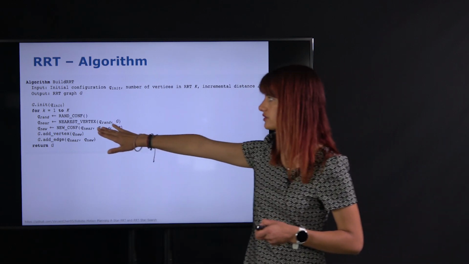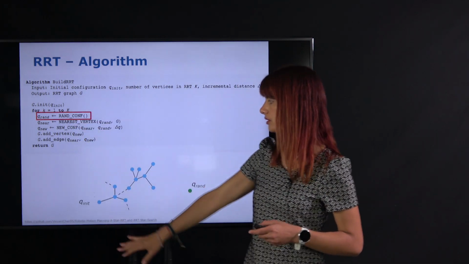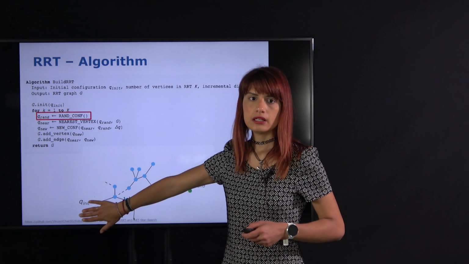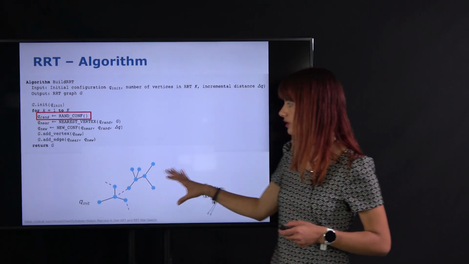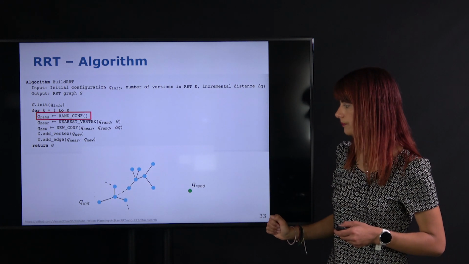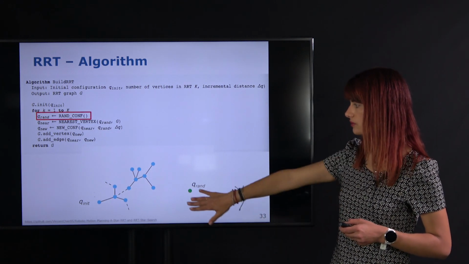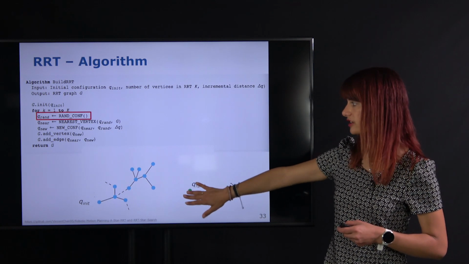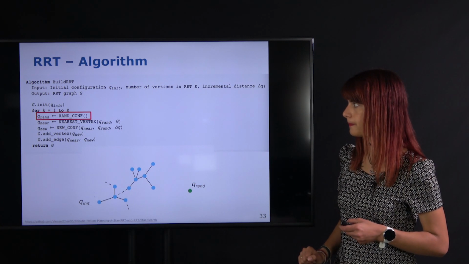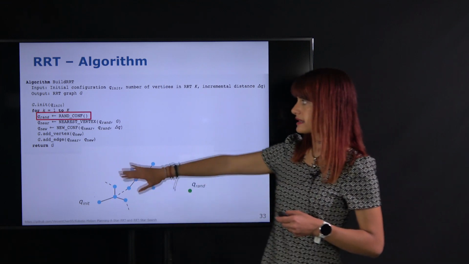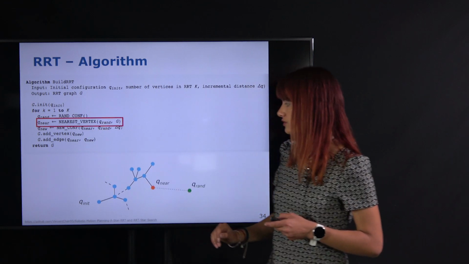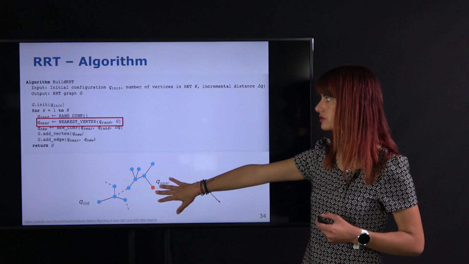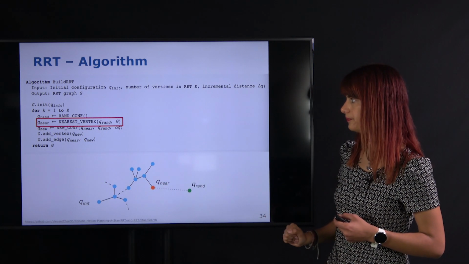But the first procedure is obviously to sample a random configuration. So let's say we're starting from the initial or starting node and we're growing a tree gradually towards the goal. We use our random number seed in order to generate a random configuration, for example, the green one here. And then the next step of the RRT is to check which is the vertex or the node in the tree that's nearest to it.